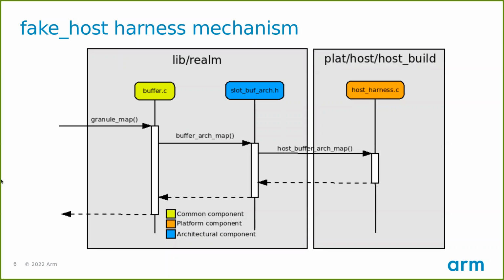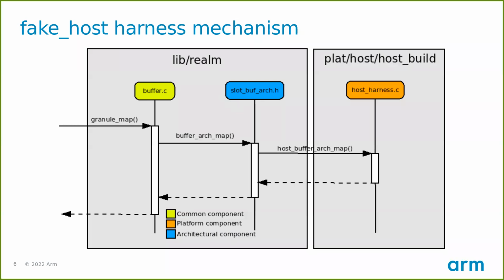Then granule map, when it's invoked, will call buffer arch map, which is implemented in this other component, buffer arch, which is an architectural component. This lives in a folder inside the realm library, which is called either AArch64 for AArch64 architectures or fake host for any fake host variant that we want to build.